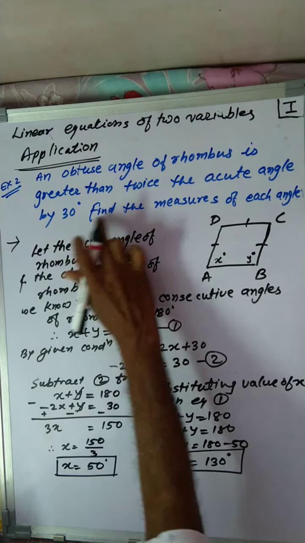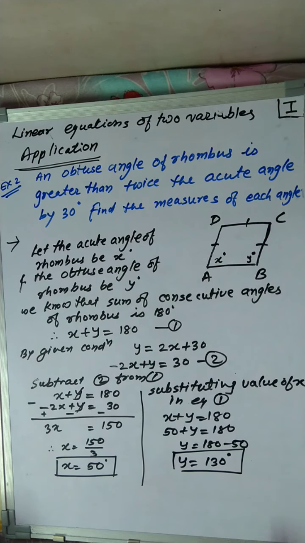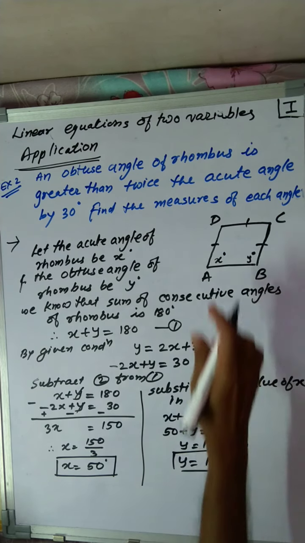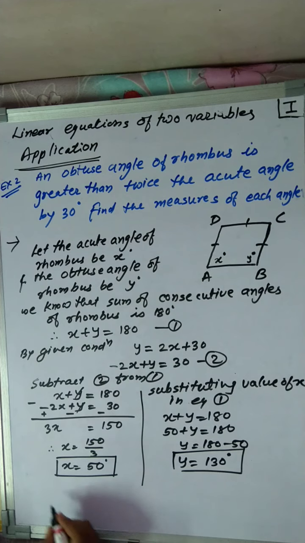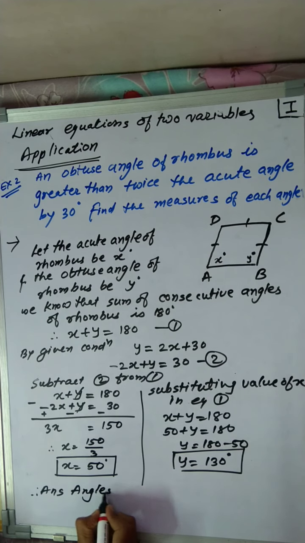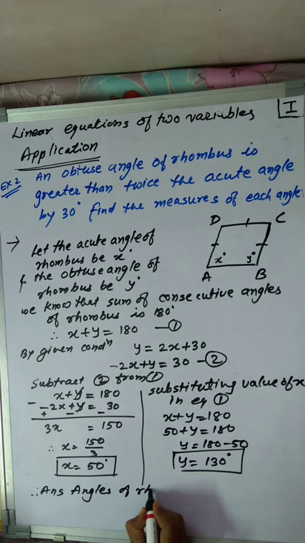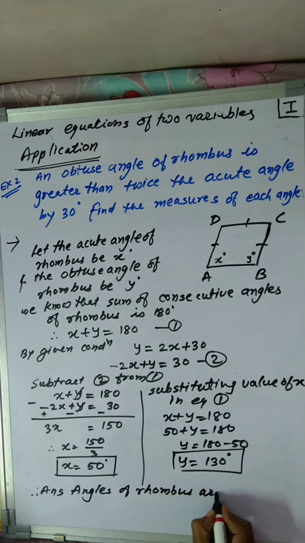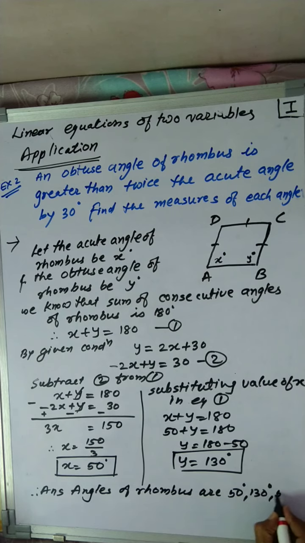But they ask find the measures of each angle. That means there are 4 angles of the rhombus. Hence our answer is the angles of rhombus are 50 degree, 130 degree, 50 degree and 130 degree.